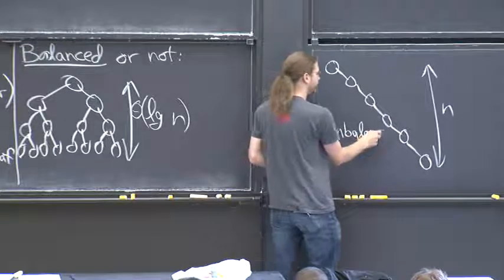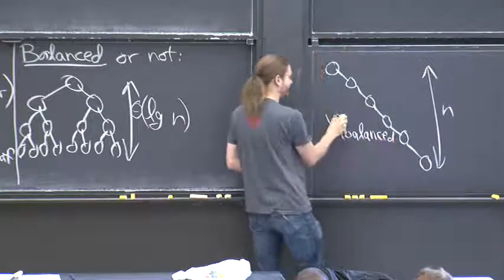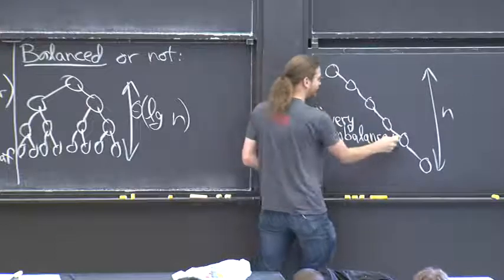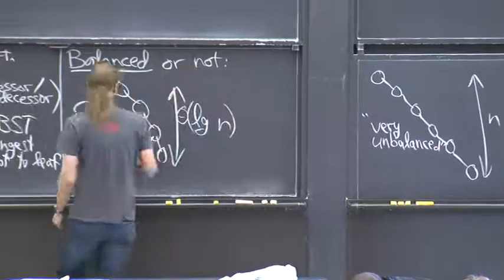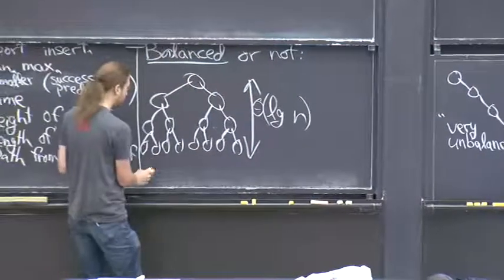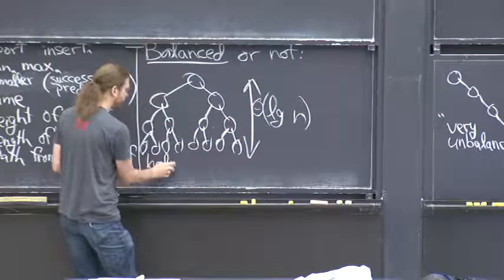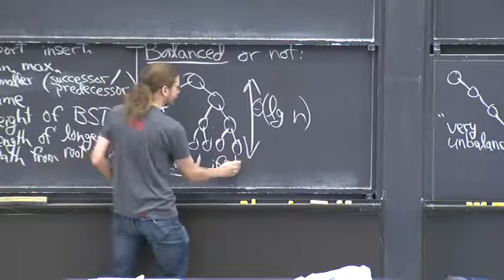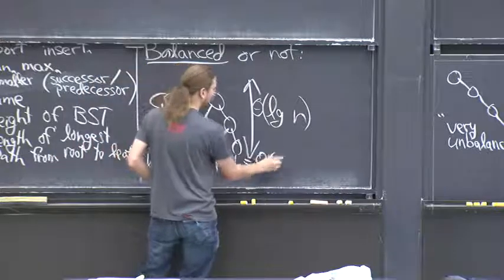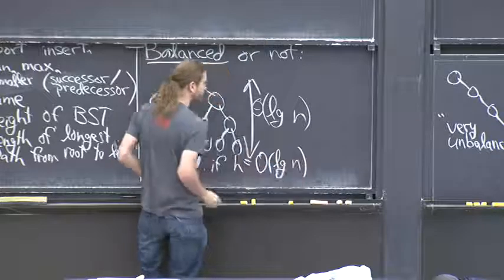That's not a very formal term, but that's the worst case for BSTs. This is good; this does have a formal definition. We call a tree balanced if the height is order log n. So you're storing n keys.